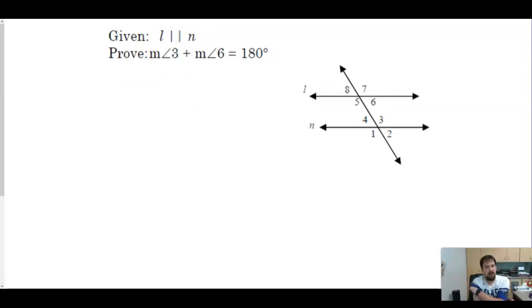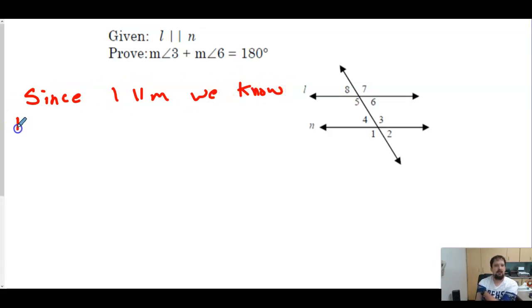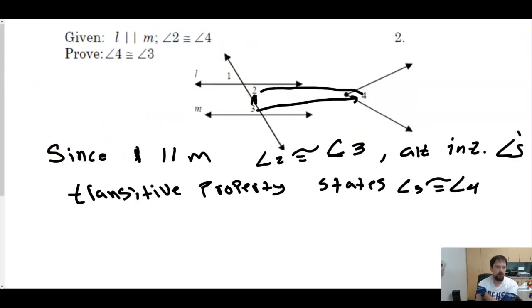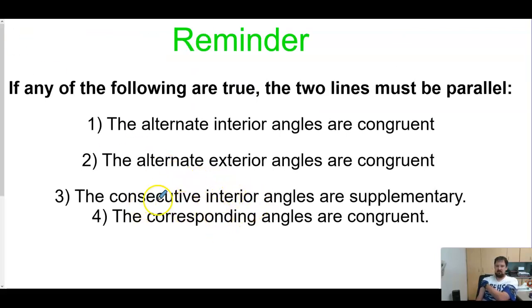Given L is parallel to N, prove that the measurement of angle 3 plus the measurement of angle 6 equals 180 degrees. So we're going to say, since L is parallel to N, we know that angle 3 and angle 6 are supplementary. We know that because if you look back at our four theorems, it says right here the consecutive interior angles are supplementary.